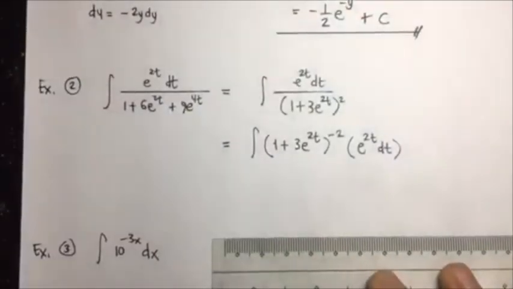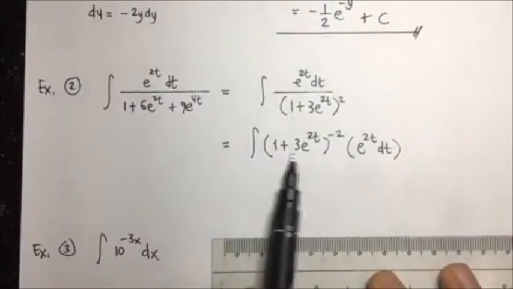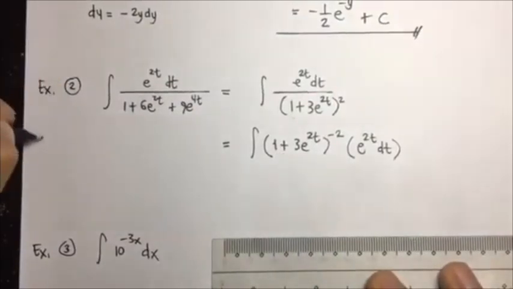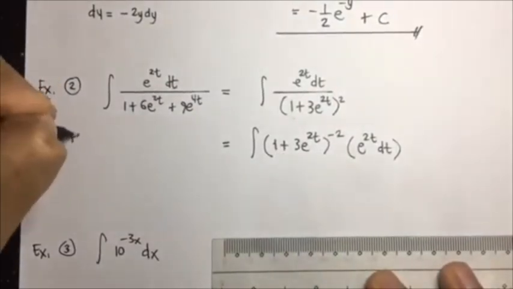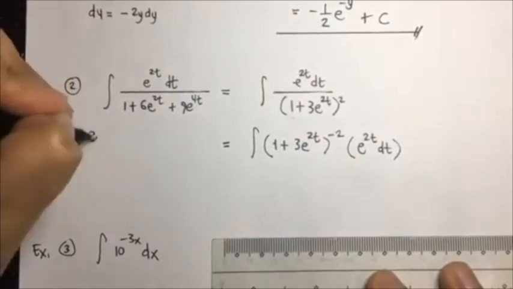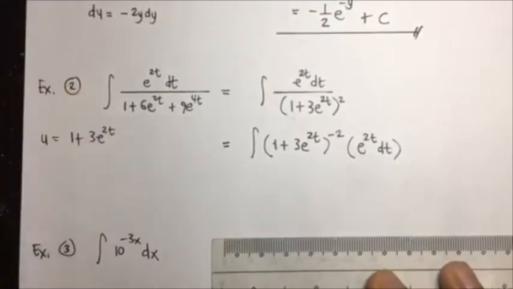Using our power formula, our u here is 1 plus 3e to the power of 2t.